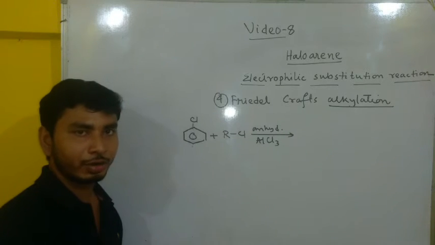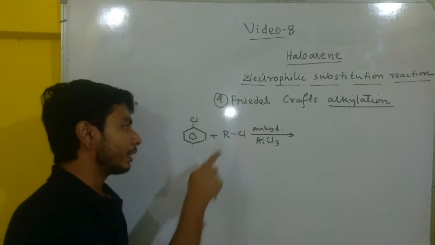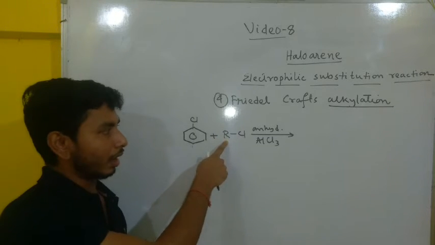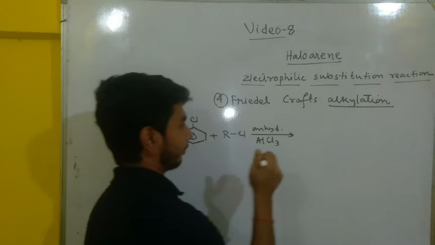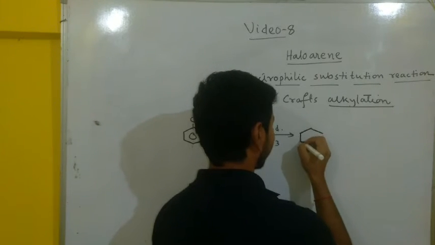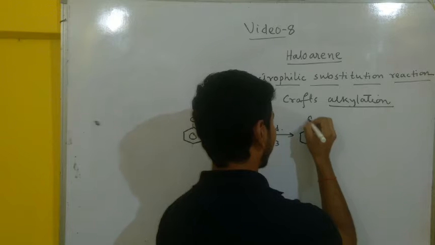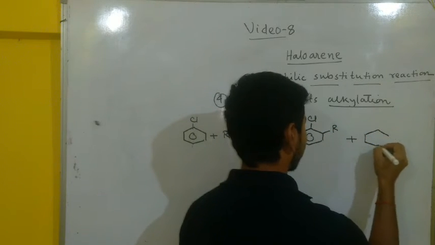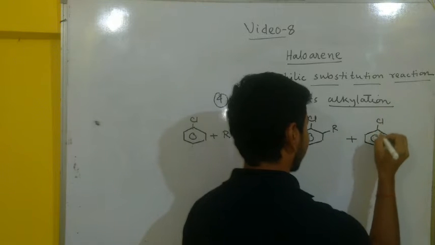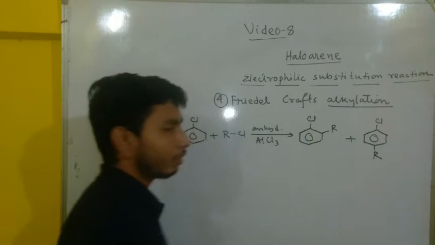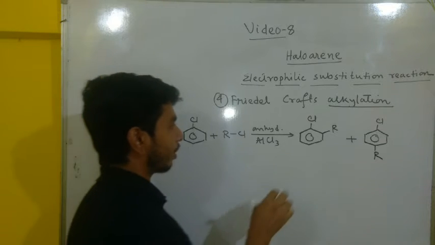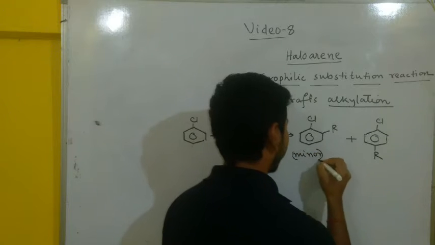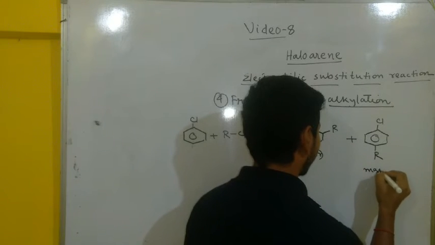Here this R is alkyl group. So now product will be chlorobenzene with this alkyl group in the ortho position plus chlorobenzene with the alkyl group in the para position. Again out of the two products, ortho product is minor and para product gives the major.